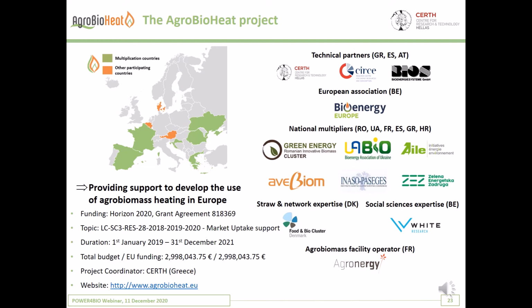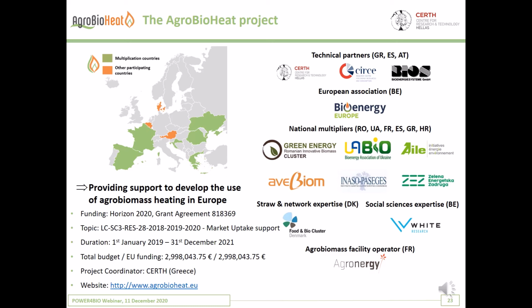In each of these countries, we have a national multiplier organization, someone from either the renewable energy sector or the agricultural sector who is supporting us. We have 3 technical partners who contribute on technical activities and provide technical expertise. We have Bioenergy Europe, the European Bioenergy Association. We have Food and Bio Cluster in Denmark, which represents the country's large experience in straw utilization, among others.